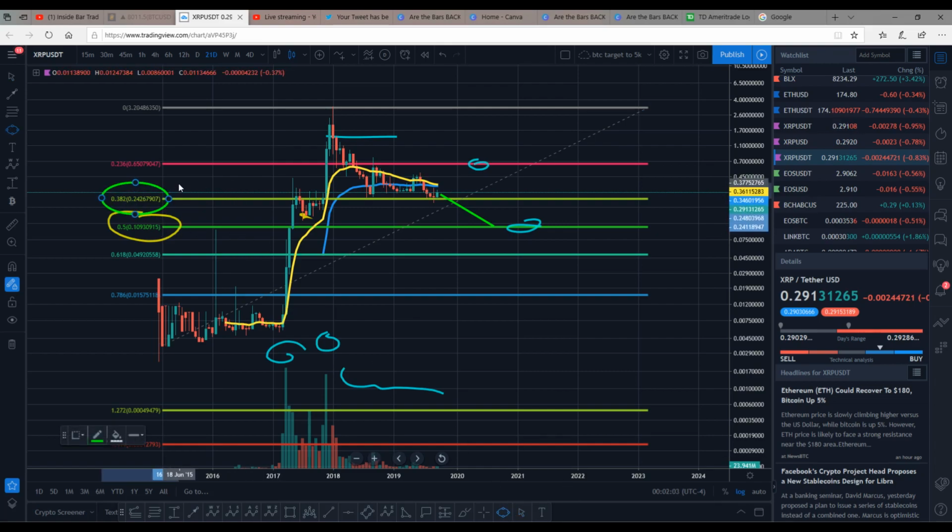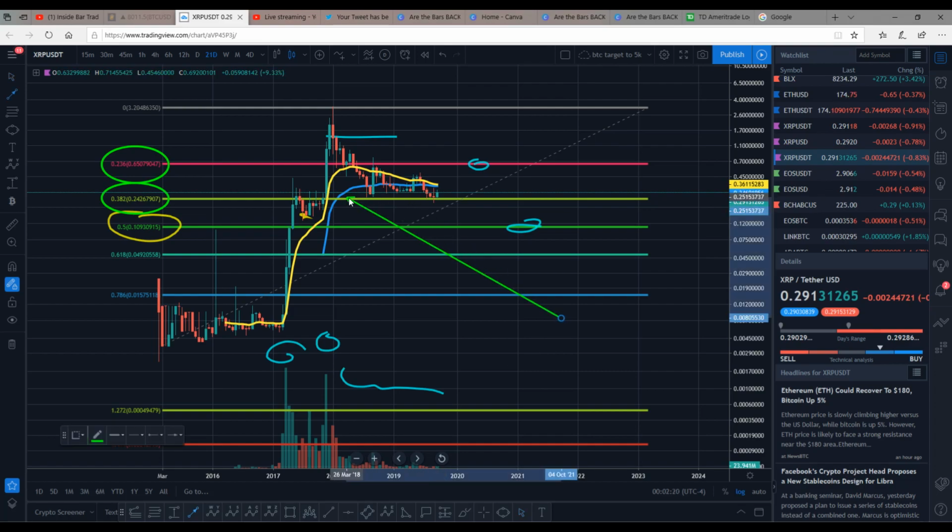You can see it respected the price. 236 respected the price. You can see we got this support at 236, and then we got another support at 382. Right now we're double bottoming at 382, and you don't want to double bottom at a fib level. It's not a good sign at all.